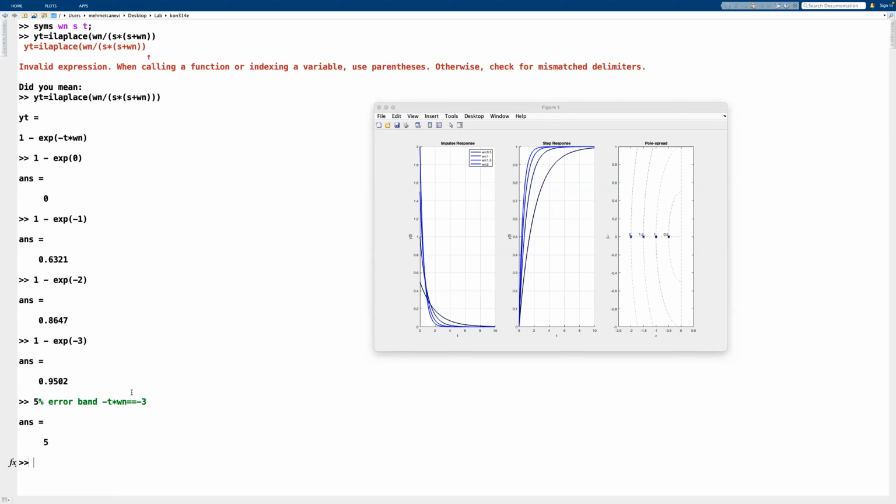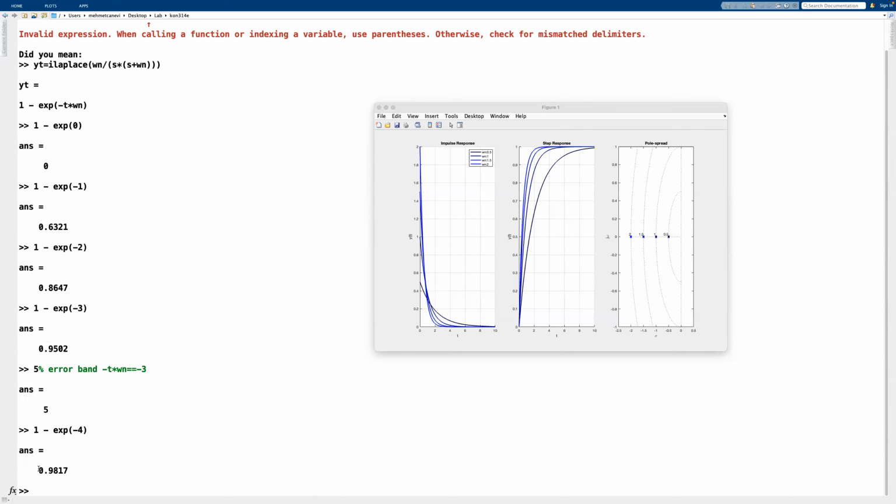Now the minus signs will go away, and this is basically the settling time. So we get the settling time equal to 3 divided by omega n for the 5% criterion. If we change it to 4, this is the 2% version of the same thing. So we can just write down 4 for the settling time for 2%.